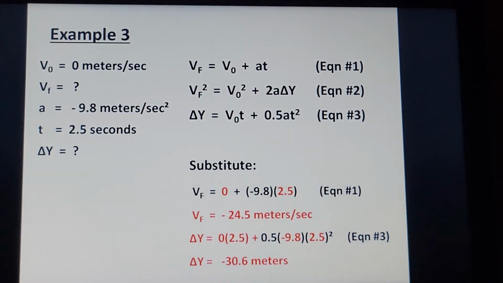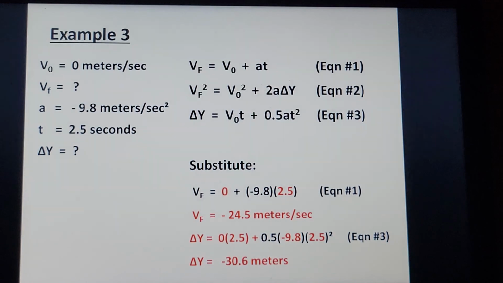Again, I would list your variables systematically and put down the numbers that you know. Okay, initial velocity is 0 meters per second. We know that because the ball was dropped. As the ball was released, it had no initial velocity. And then go down to acceleration. You say, okay, why is that negative 9.8 meters per second squared?